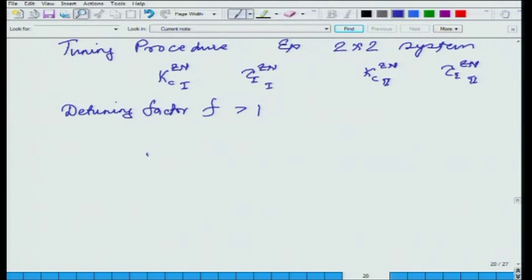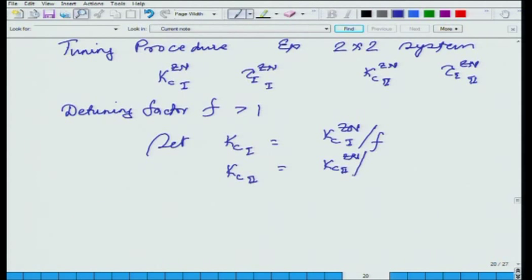Set Kc1 equal to Kc1 ZN, whatever you had calculated earlier, divided by F, and Kc2 equal to Kc2 ZN divided by F. So, what I am doing is detuning both the tuning parameters, this one and this one, from their respective individual Ziegler-Nichols tuning parameters by a factor of F.